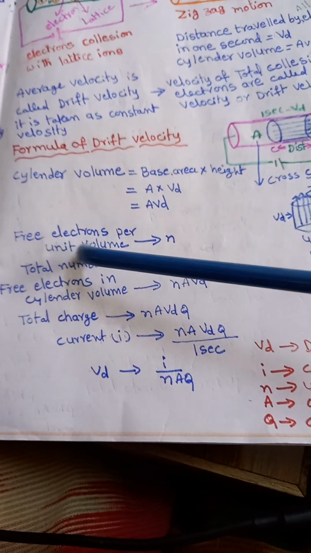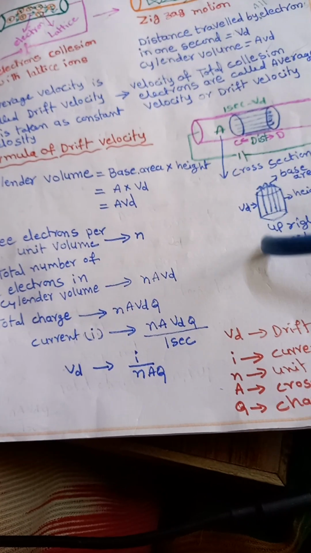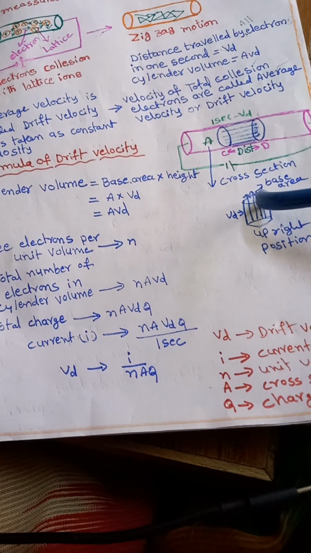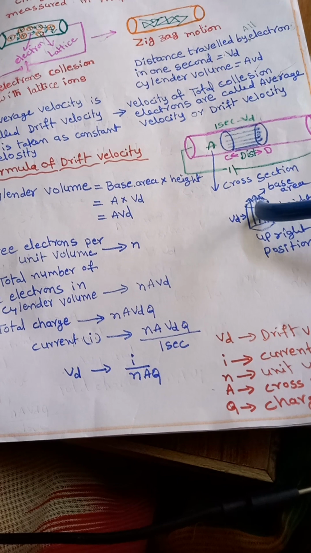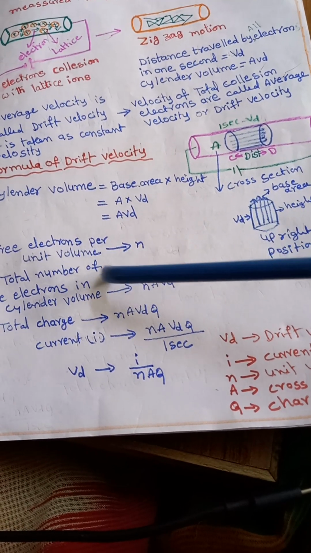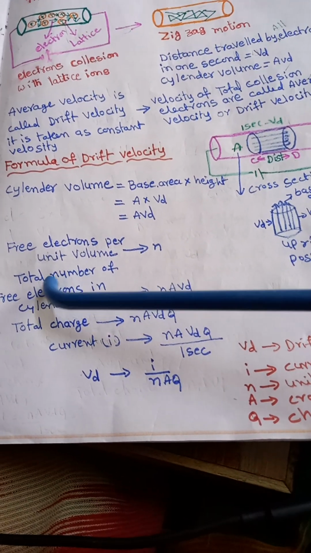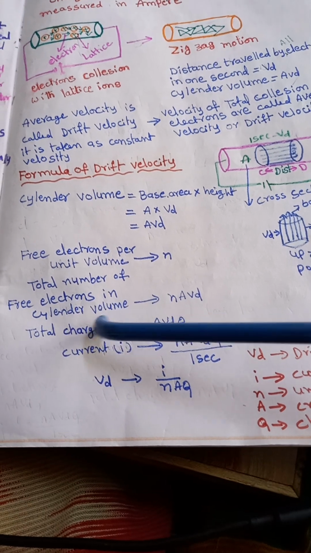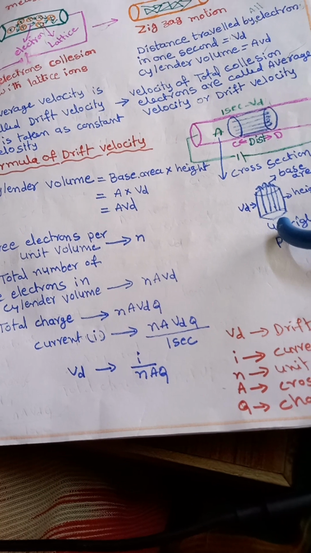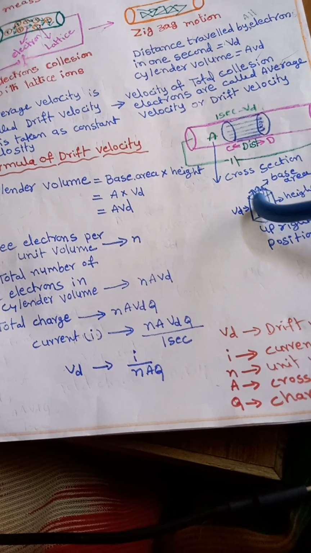Next, free electrons per unit volume. Inside the cylinder volume, a small part is called the unit volume, and N is the number of free electrons in the unit volume.